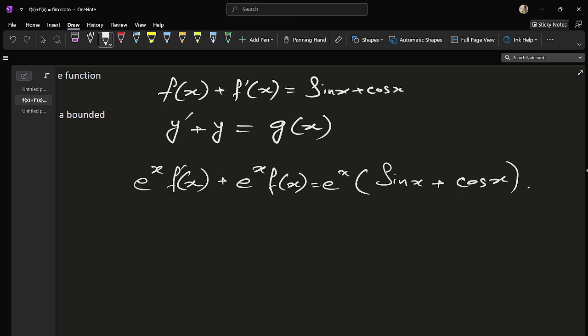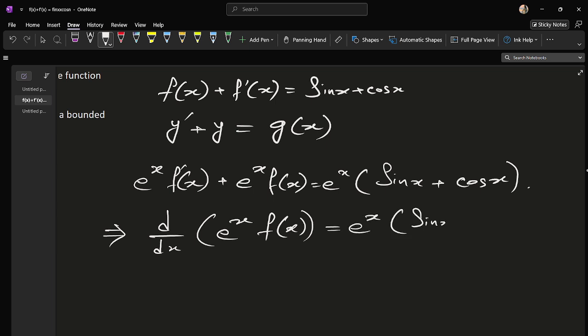Now rewriting the left hand side, we will get d/dx of e to the power x f(x). Easily we can see that the derivative gives e to the power x f'(x) plus e to the power x f(x). So this can be written as d/dx of e to the power x f(x), which equals e to the power x times sin x plus cos x.